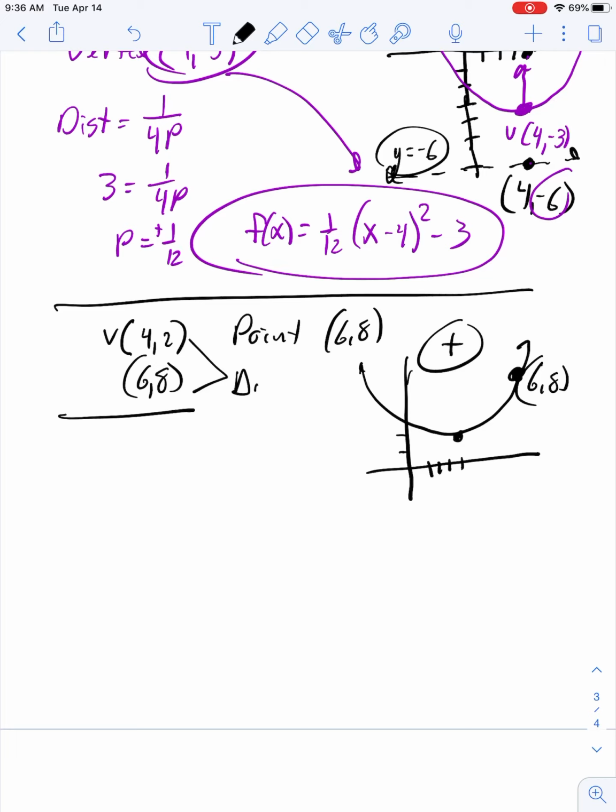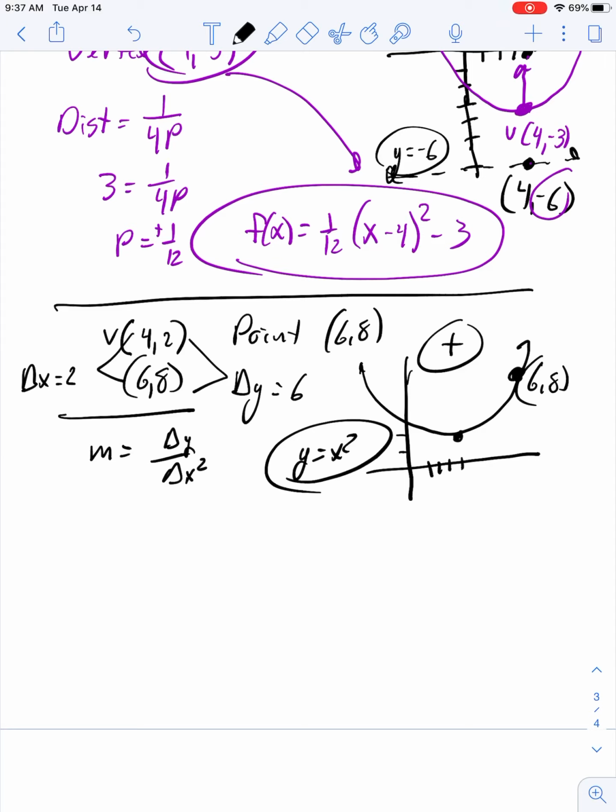So if we look at this, my delta y for my slope would be 6. My delta x would be 2. Now your slope is delta y over delta x. But remember, our parent graph is x squared, so we have to square it. So my slope would be 6 over 2 squared, which is 6 fourths, or 3 halves.